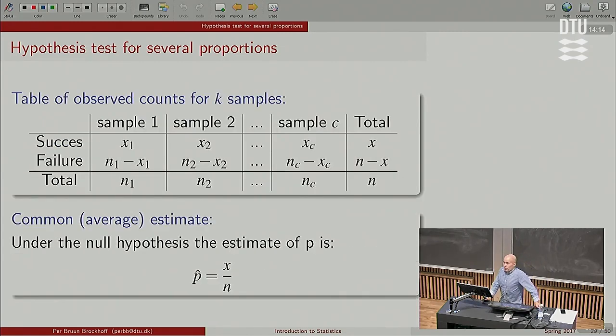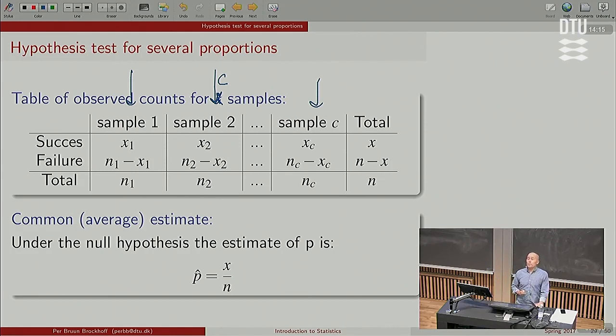So the numbers come here. Remember my blood clot example? I had two proportions. Now I have C proportions, C samples. In Danish sometimes C becomes K, but let's use C for a number of columns also.